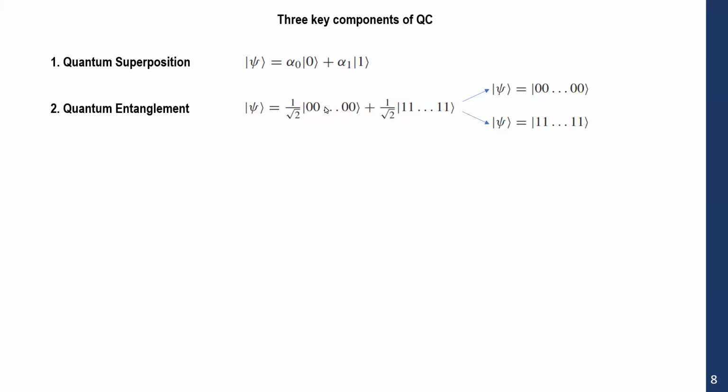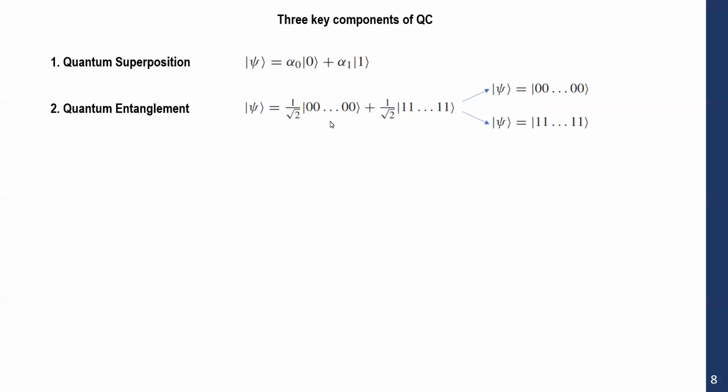So, for example, if it were the state of 2 qubits, it would be a Bell state. Otherwise, this is the generalized Bell state. And you cannot write this state as a product of 2 states of 2 qubits, meaning that they are entangled.